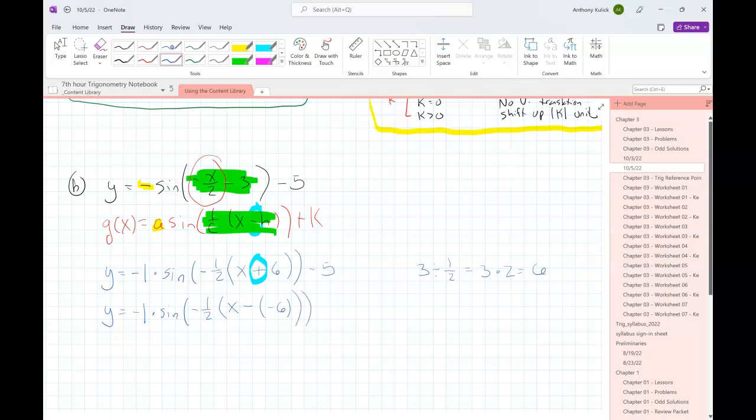Yeah. Is that okay with everybody? So my a is negative 1, my c is negative 2, my h is negative 6, and my k is negative 5. Does that all feel okay?